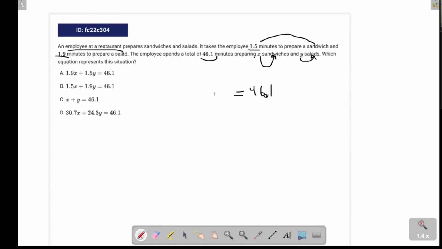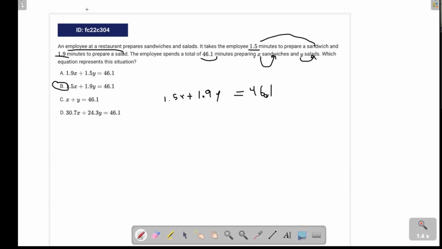Y is the number of salads, and the question says 1.9 minutes is used, so it should be Y times 1.9. And then you're going to add the amount of time it takes to make sandwiches, which is 1.5 minutes for each sandwich X. That's going to be 1.5 times X, which, like a lot of y'all said, is the answer. This is on the easier difficulty, but it's just relating different values.